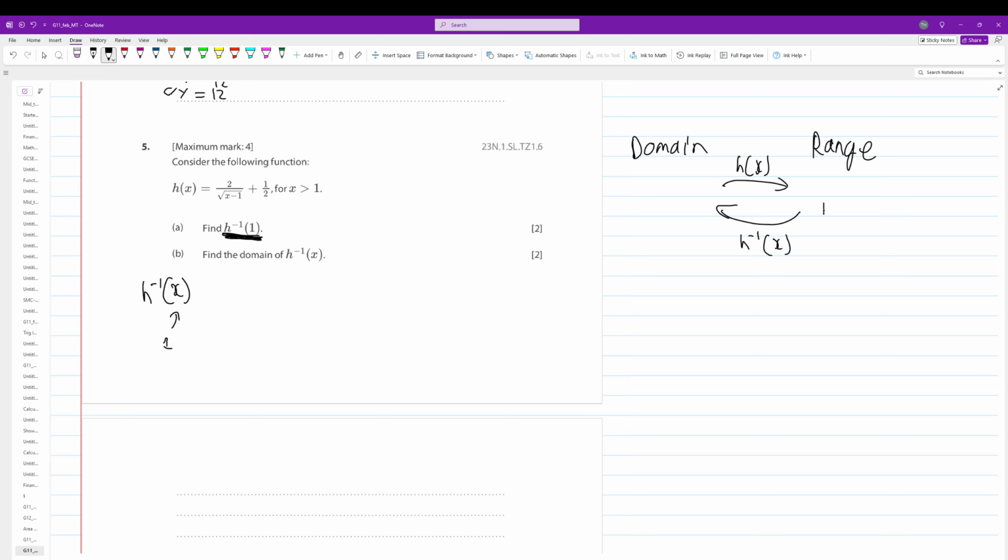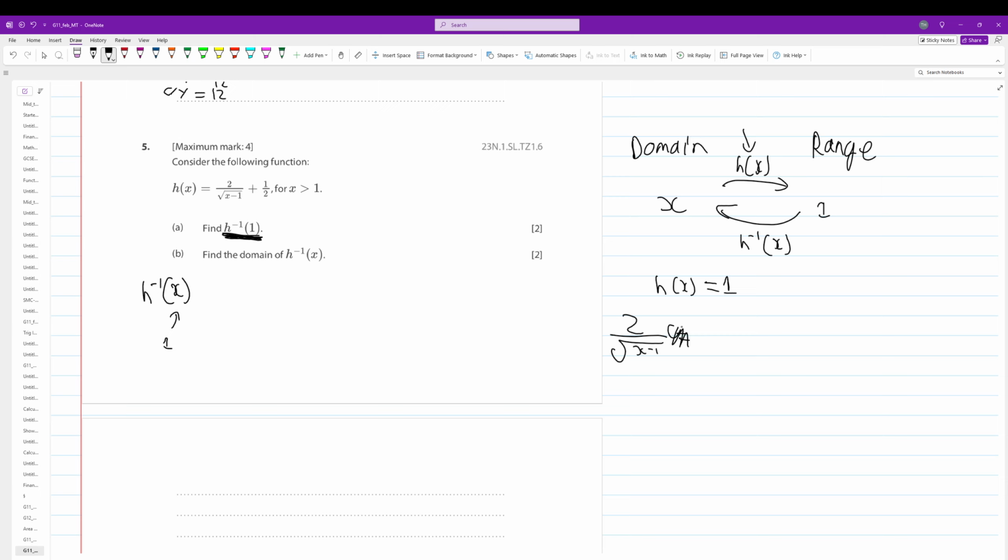So if I'm taking 1, putting it into the inverse, what comes out is a domain value, the original x value. But that means that if I put x into h, into this function, that will be equal to 1, because of the logic of how functions and inverse functions work. I can solve that much more nicely and easily than doing something else.